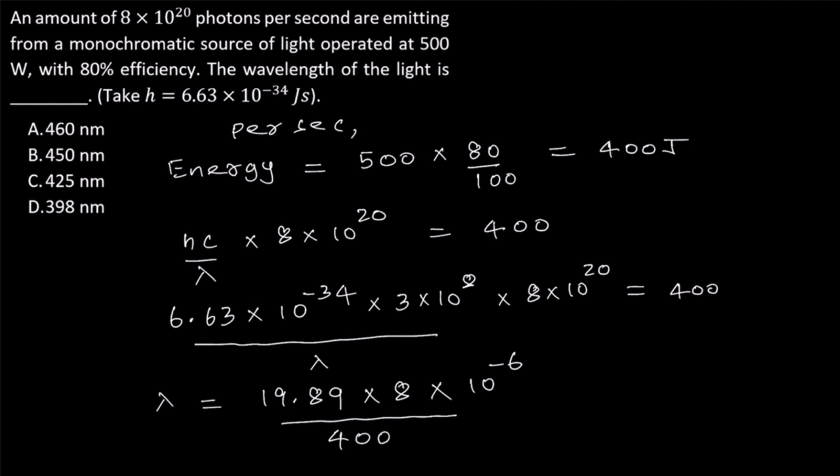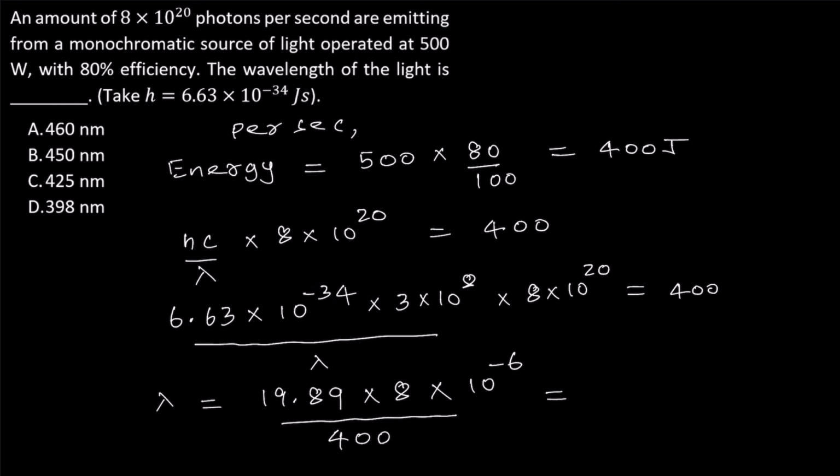Okay, so we need to write this in terms of nanometers. So we need to get that 10 to the power minus 9. 1 nanometer is 10 to the power minus 9. So what we can do is, you have 100 in the denominator. If I take it to the numerator, we have 10 to the power minus 8. And then if I multiply by 10 to the power minus 1, I'll get a nanometer.